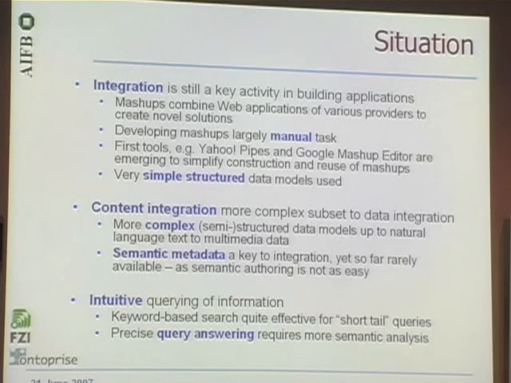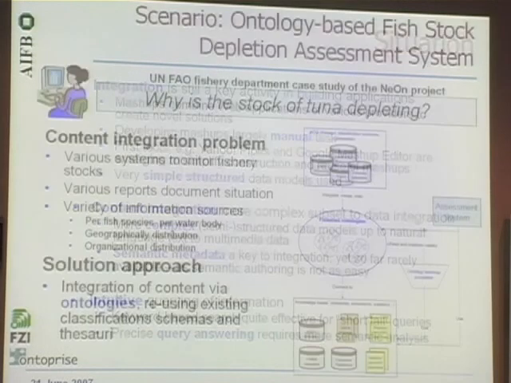But when you go to the other domains that you could call long-tail queries, where you have specific domains, not these very big user communities, there is some advantage of providing a little bit more semantics to describe these kind of domains and then being able to do some better kind of query answering in these domains. And that will be the second aspect I will address in my talk today.